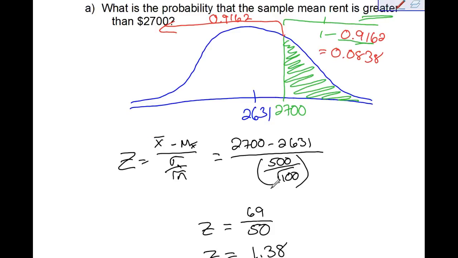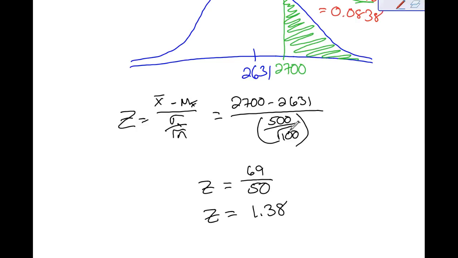It makes our z-scores a little bit different because we're dividing the standard deviation by the square root of our sample size, so we have to be a little bit careful when we look at these.